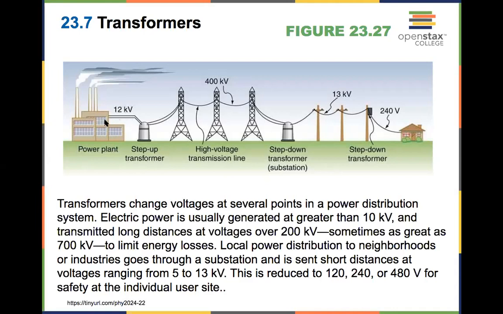Then the electricity is delivered to the consumer over long distances, so you usually see high power towers, where the voltage is higher than what comes from the power plant. In between there's a device called a step up transformer, which brings the 12 kilovolts to 400 kilovolts. Because this device brings the voltage up, it's called a step up transformer.